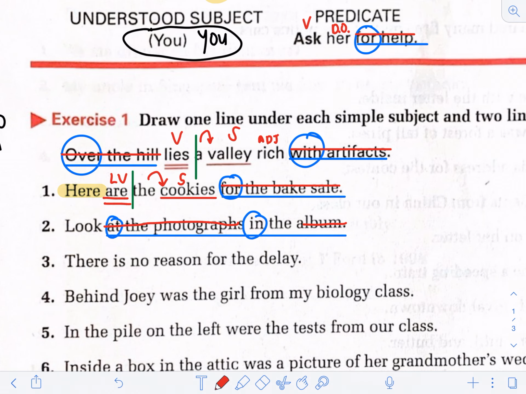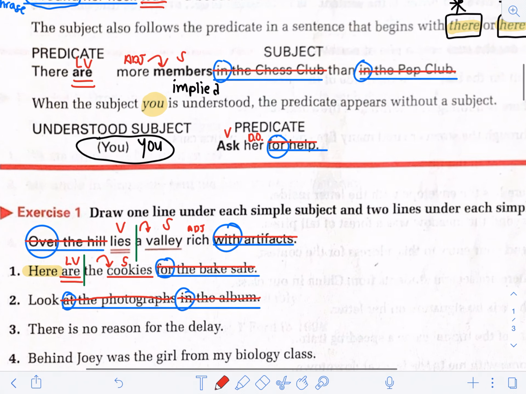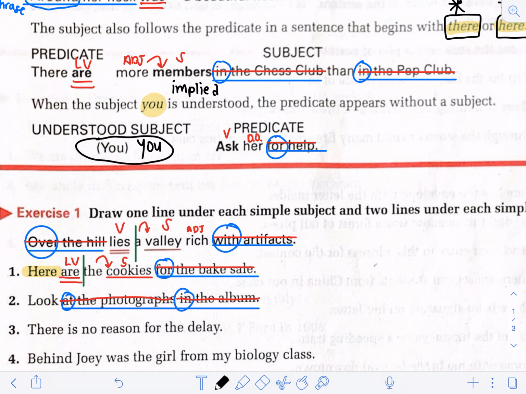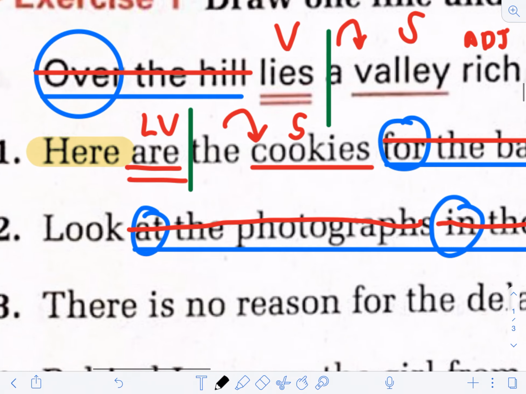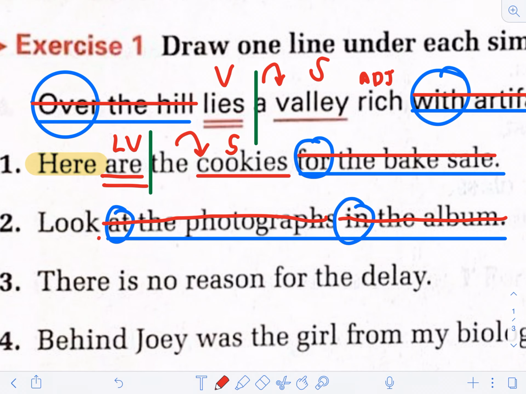How could there be a subject? You said there's no subject or verb in the prepositional phrase. And then I have to go back up to our last note. When the subject you is understood, the predicate appears without a subject. Interestingly enough, we have our verb as look, so we would double underline it as the simple predicate.